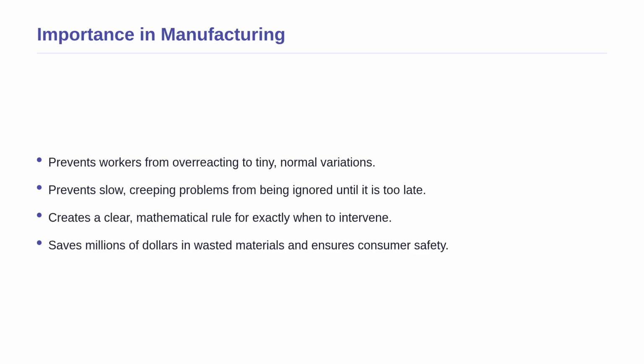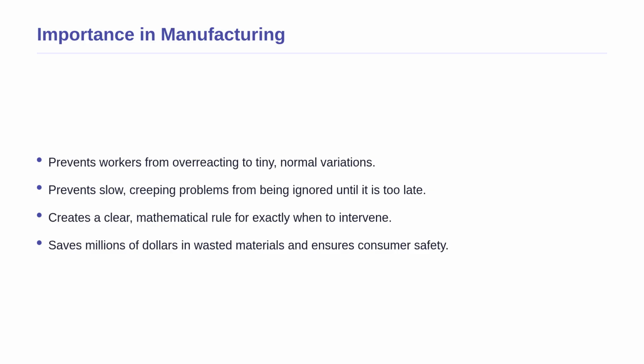Conversely, they might ignore a slow, creeping problem until thousands of defective products have already shipped. By using 3 sigma limits, companies create a clear, objective mathematical rule for exactly when to leave a process alone and exactly when to intervene. This saves millions of dollars in wasted materials and ensures that everything from car brakes to medical syringes is manufactured safely and consistently.